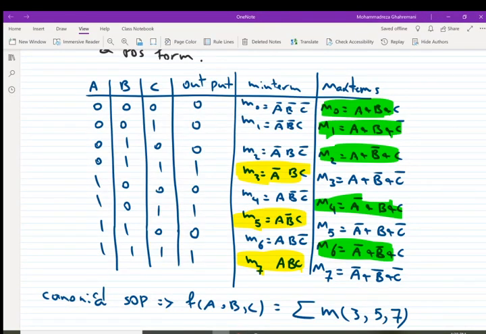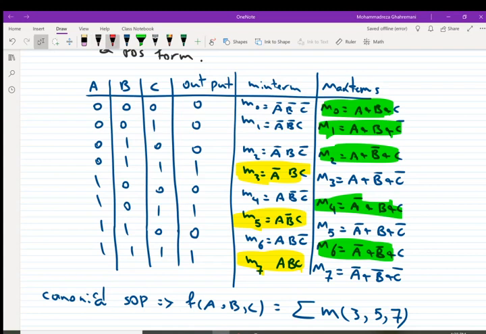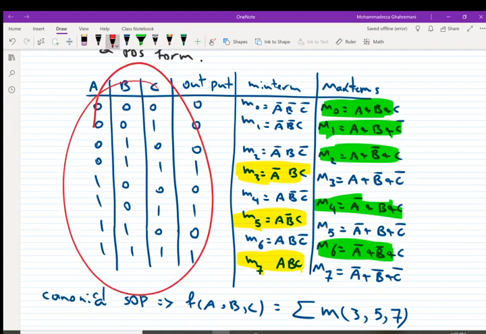Here we have the same example we discussed in the last lecture, and we have a function with three variables, and we wrote the min terms and max terms. There is a question: do we need to have the truth table to find the min terms?